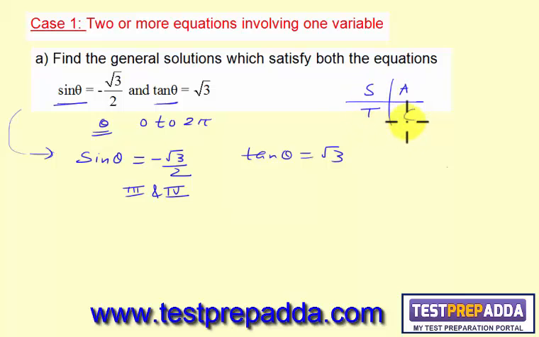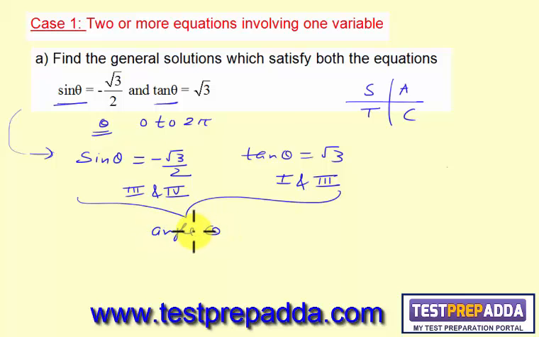You check here, tan theta is positive where? In the first quadrant and in the third quadrant. So obviously when you talk about angle theta which lies between 0 and 2 pi and satisfy both the equations, so that angle should be in the third quadrant. This angle must be in third quadrant.